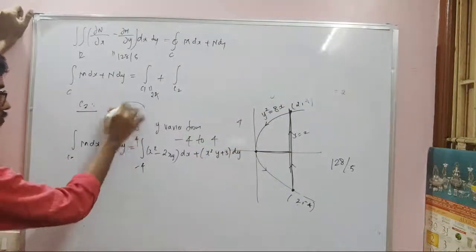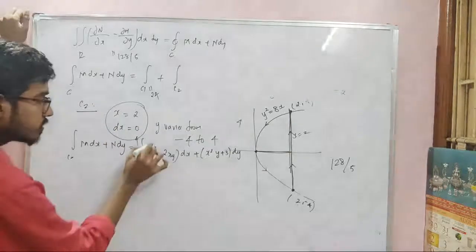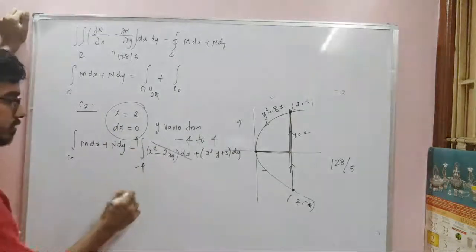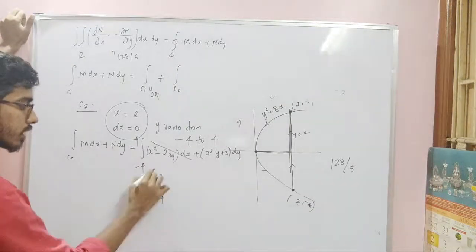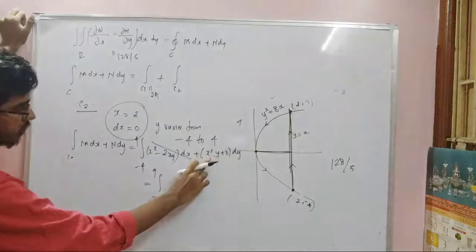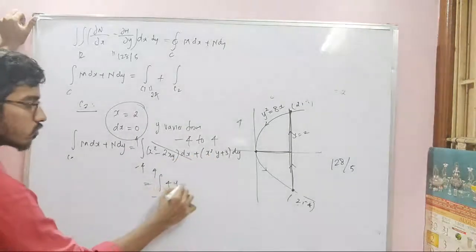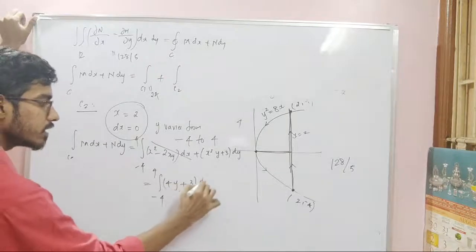Now you can see dx is equal to 0, so this entire term will vanish because dx is 0. So we have the integral from minus 4 to 4, x is equal to 2, so it will be 2 square, so 2 square is 4. So we have 4y plus 3 dy.